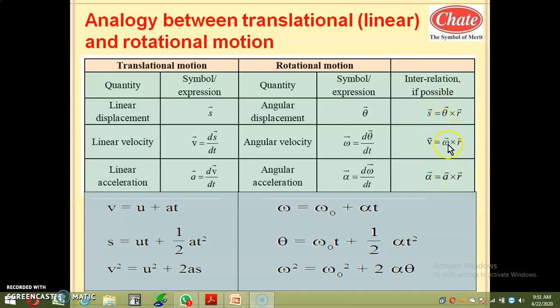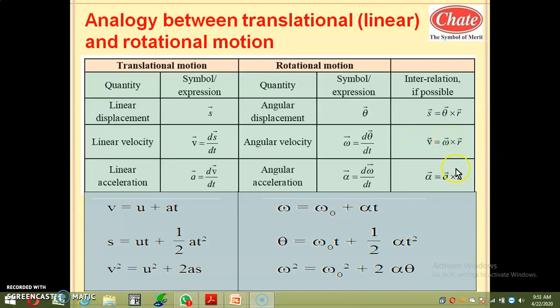Actually, these relations can be obtained like this. Here S equals theta cross r. If we differentiate this equation on both sides, we get ds by dt equals d theta by dt cross r. Taking the magnitude, ds by dt is v, d theta by dt is omega, and this is the r vector.